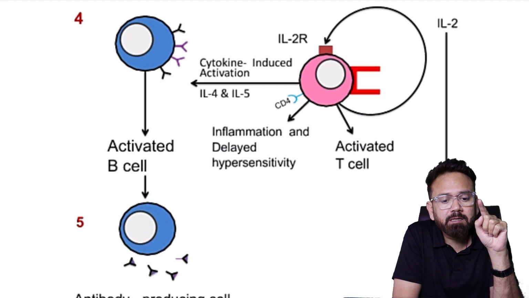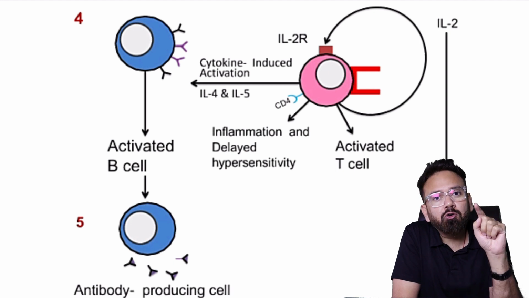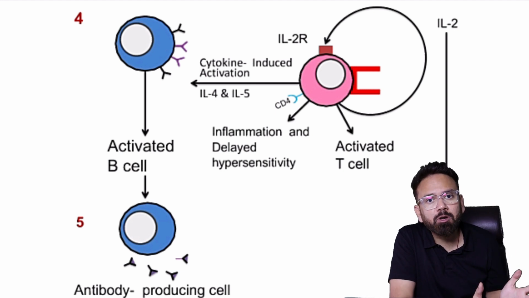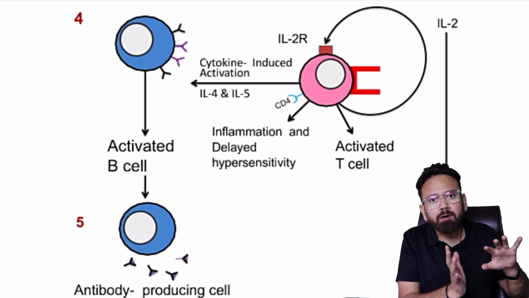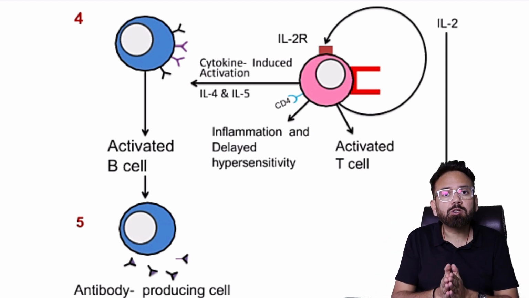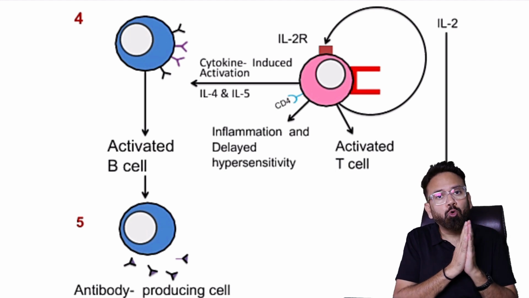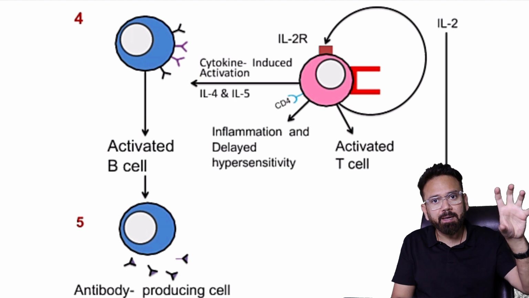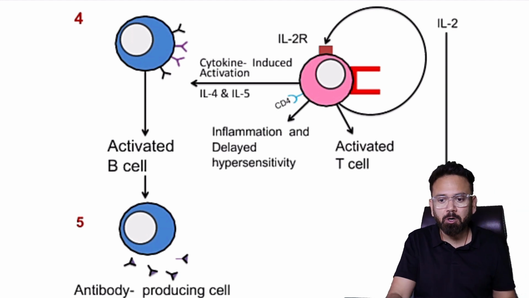They are going to activate the B cell, and now they become antibody-producing B cell. So these plasma cells can produce antibodies. This is called humoral immunity. Till antibodies are not formed, it was cellular. But when antibodies are formed, it is called humoral immunity. So who is activating that? Interleukin 4, interleukin 5. These activated B lymphocytes will become antibody producing cells.